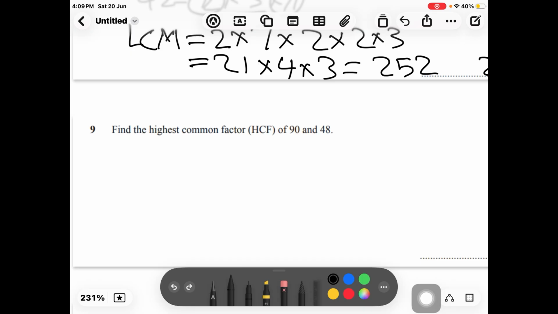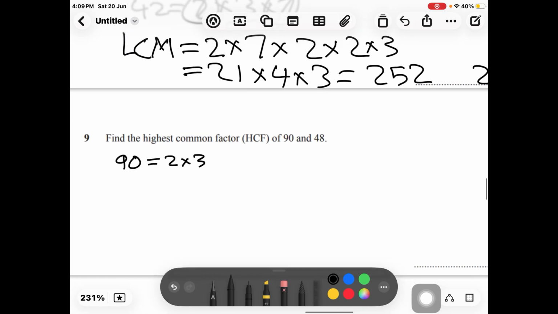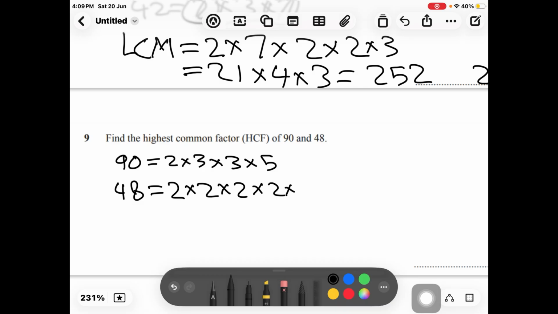So again, we're going to write both of them as a product of their prime factors. You can use the tree method, but I'm just going to write it down like this. 90 is 2 times 3 times 3 times 5. And 48 is 2 times 2 times 2 times 2 times 3.